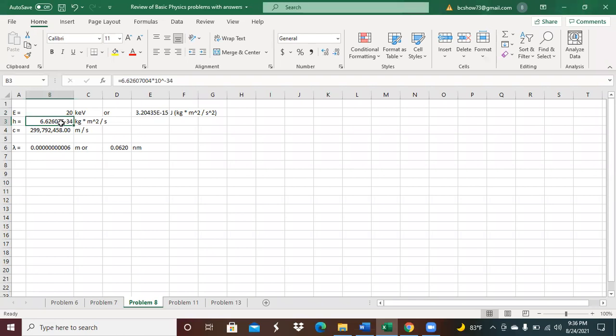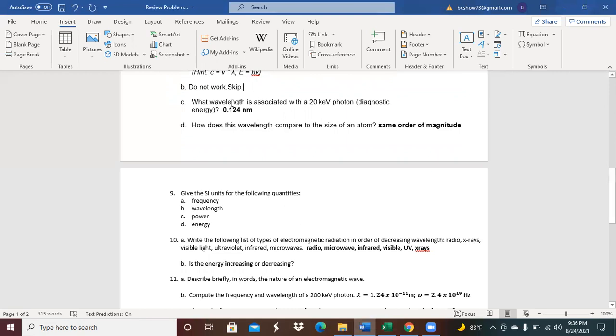We know what Planck's constant is here. We know what the speed of light is because we can look both of those up. You can use Google or what have you. If we use that same formula that we had before, plug everything in, this is what we come up with. In other words, B3 times B4 divided by B2. And this is what we come up with.